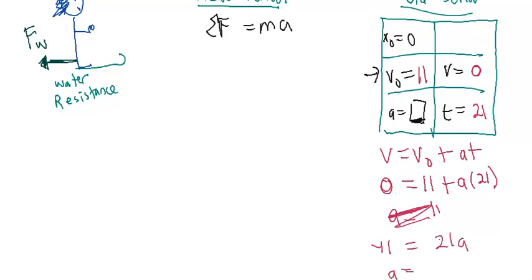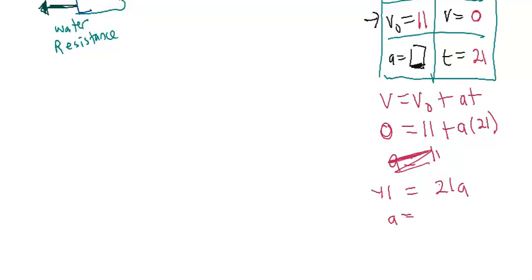So A equals negative 11 over 21, because she is slowing down going forward. So that is negative 0.524 meters per second squared. All right, so again, that is the secret passageway to the new school.